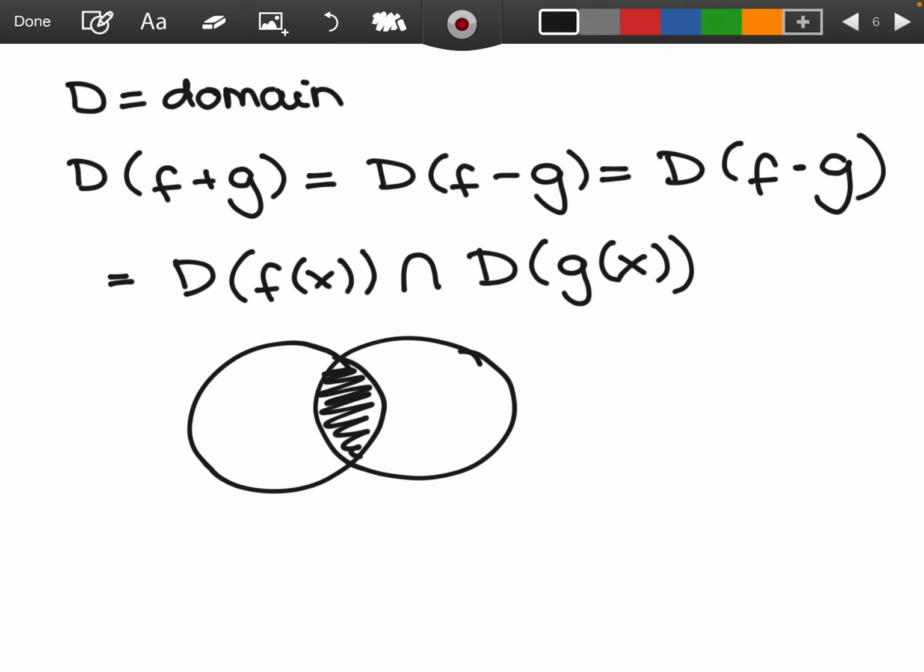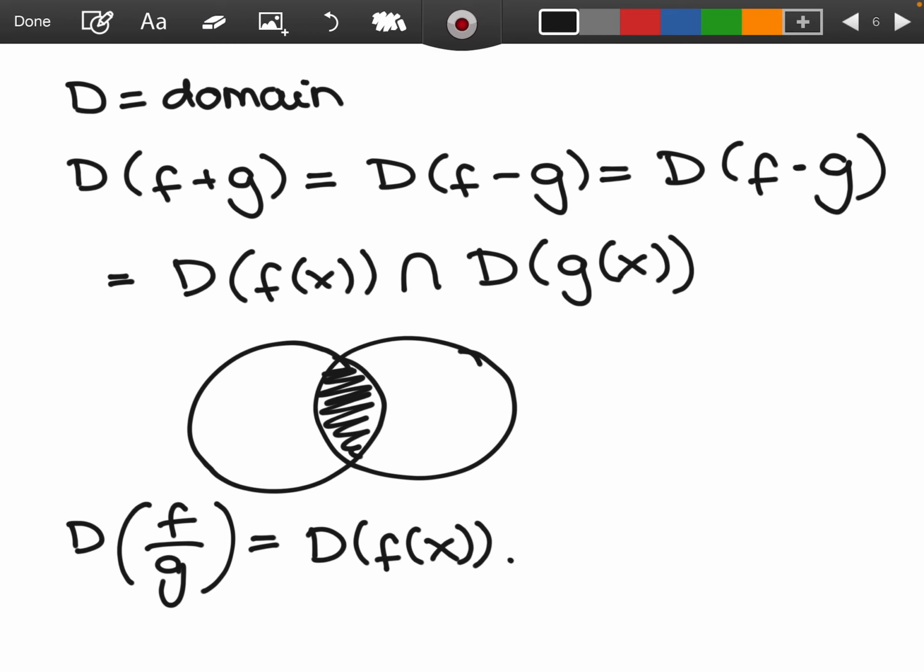The issue that I have is where I look at the domain of f over g. I do the same thing again, but I have an added thing onto this. So it's the domain of f intersected with the domain of g of x, but then I have to take out some values.